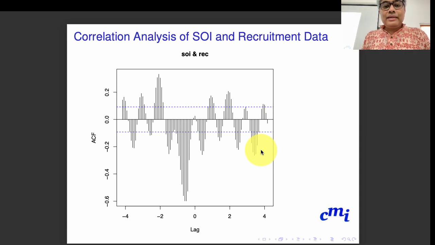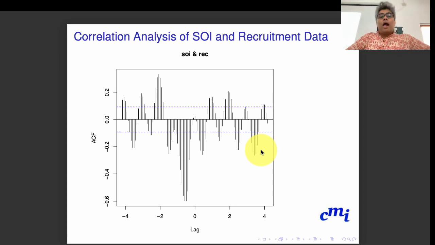Now this is an interesting plot. This is a cross correlation function. The autocorrelation function is supposed to be symmetric, but the cross correlation function is not necessarily symmetric.